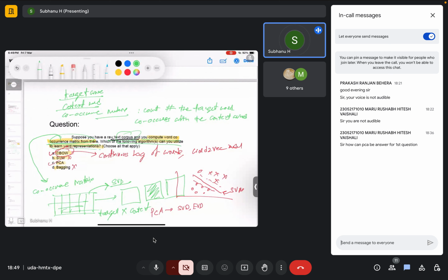Basically, first you construct the word co-occurrence matrix. The matrix can be transformed using pointwise mutual information to improve the quality of the learned representation. Then you apply PCA to reduce the dimension. PCA finds the principal components that retain the maximum variance in the data.